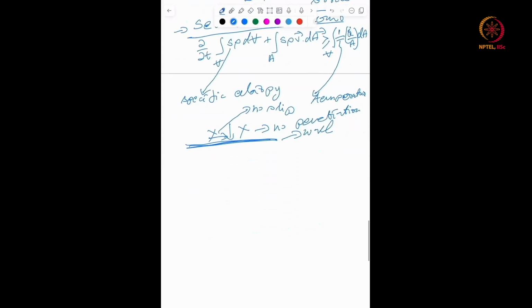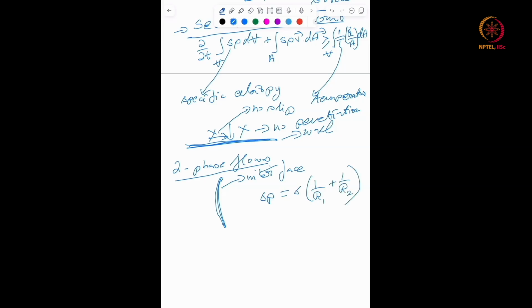Now in two-phase flows, you have certain additional things that come into the picture. So if you have an interface like this, okay, you have the delta P across the interface, which is related to the surface tension. In dimensions, this is basically the two principal radii of curvature.